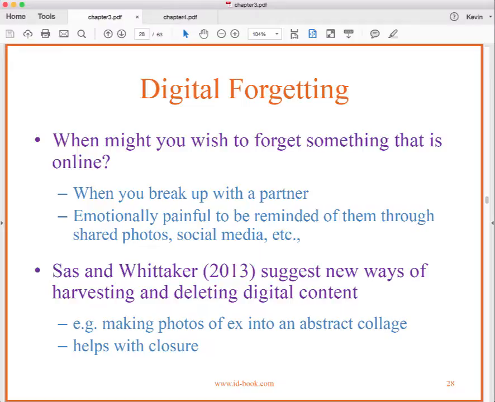So these are the kinds of things that I think are the appropriate kind of behavior that we're looking for in digital forgetting. The bullet on the bottom, talking about the Sass and Whitaker study, I just think is sort of wrong-headed. So we're not going there. Sorry.